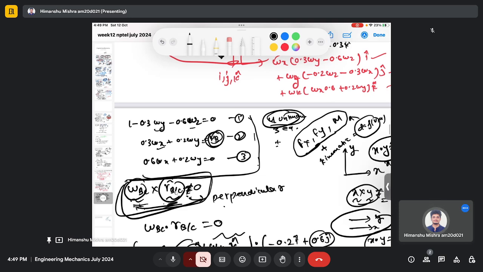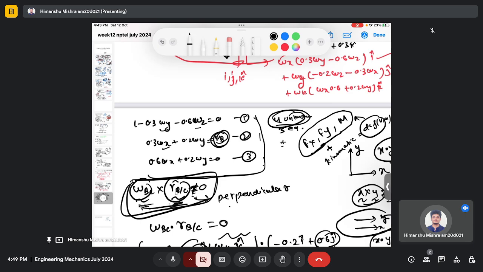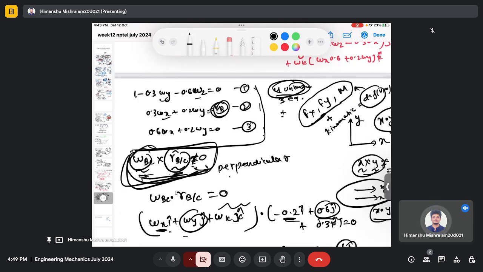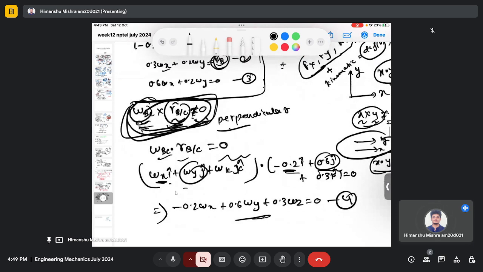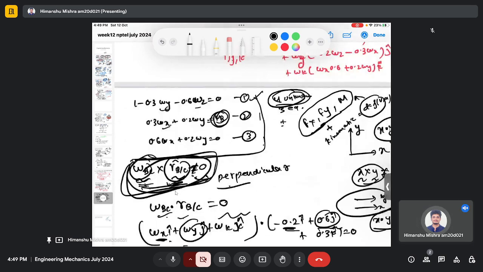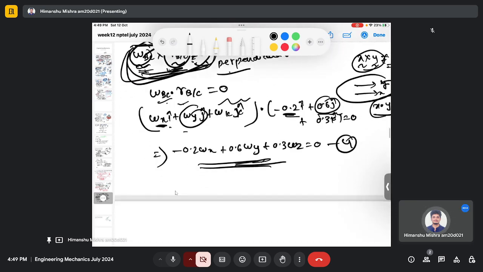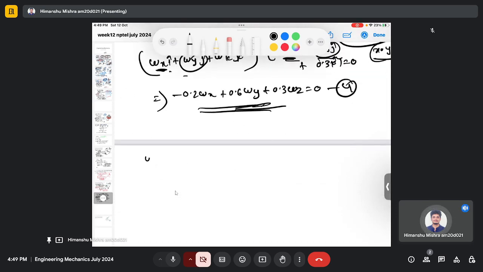Here also we use one of the tricks, because we know that this quantity is finite, it is not zero, which means these two quantities are perpendicular to each other, and this means their dot product should be zero. So by using this property, I can write the fourth equation.